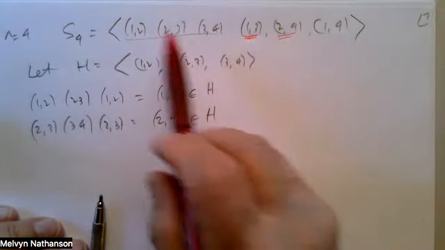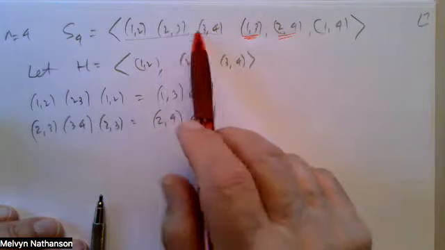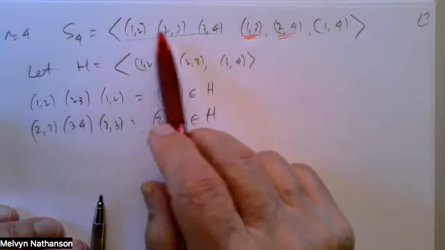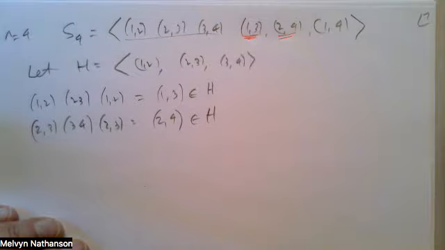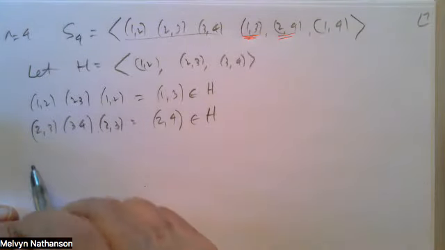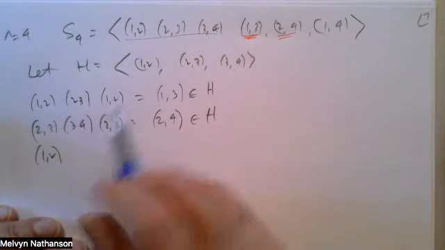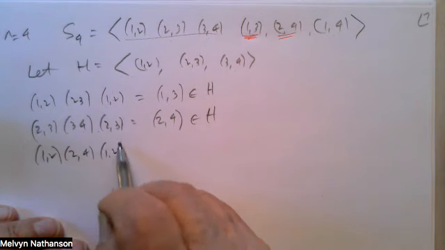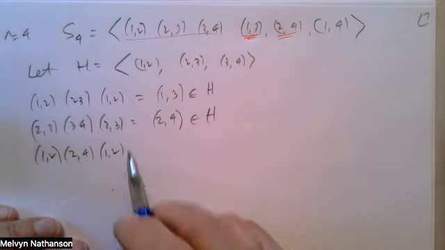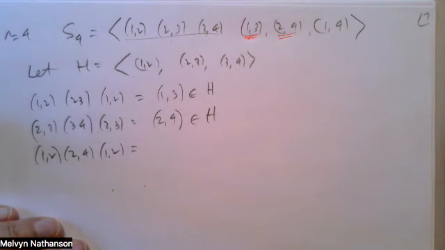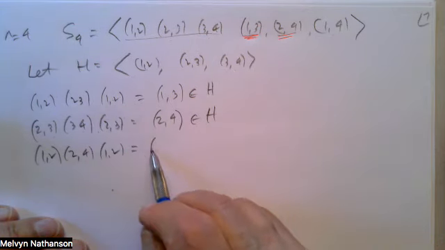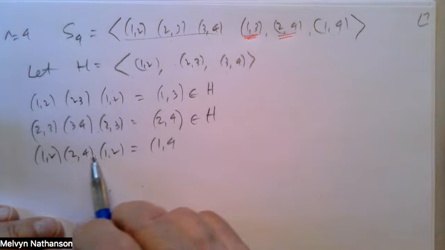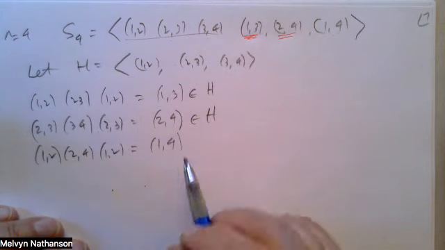So I can write each of these as a product of these three, as a word, if you like, in these transpositions. And what about (1 4)? I have (1 2) is in H. I just proved that (2 4) is in H. So let me do (1 2), (2 4), (1 2). What is this? This sends 1 to 2 to 4, 4 to 2 to 1, and 2 to 1 to 1.